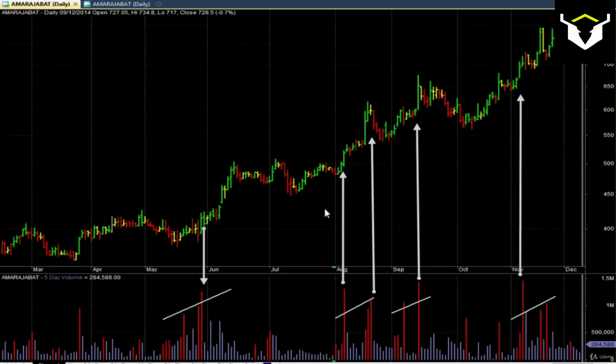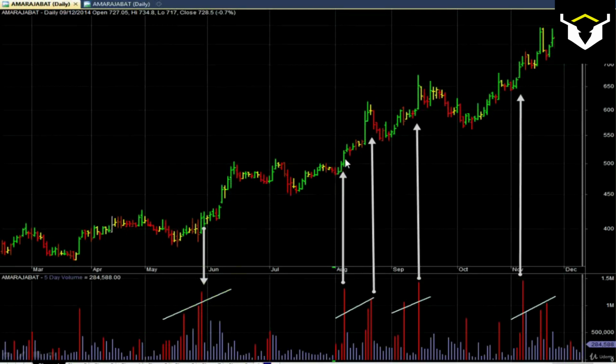Following is a daily chart. You can see prices are in an uptrend, an upward moving wave-like pattern indicative of an uptrend, and every time prices make a new high, prices are supported by higher volumes.